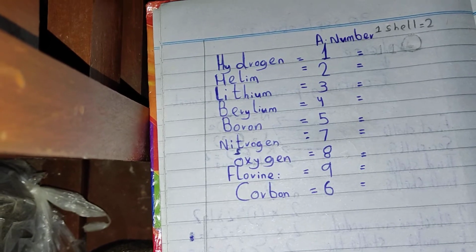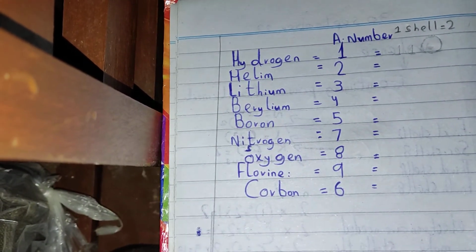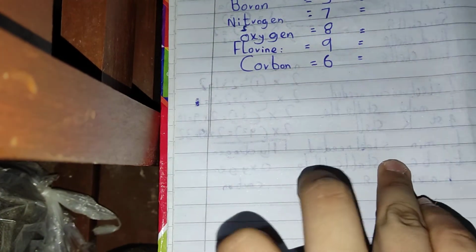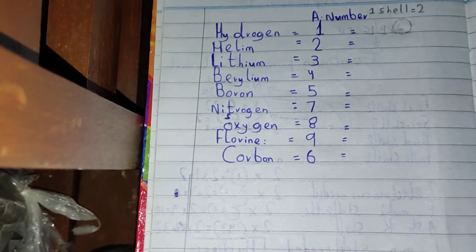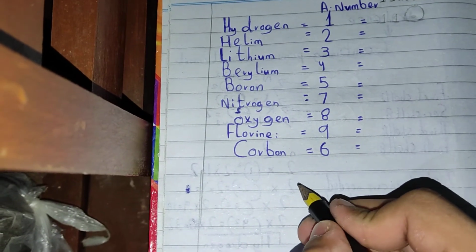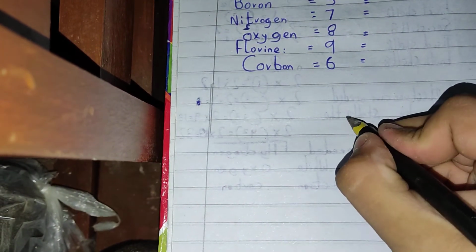If you want, I can also add the 10th one at the end. For finding the valency, I'm not comfortable drawing the Bohr models, the shells, with the pen. Can I draw here if you are all comfortable? I don't know about you all because this is a video. So first of all, hydrogen, I'll be drawing here.